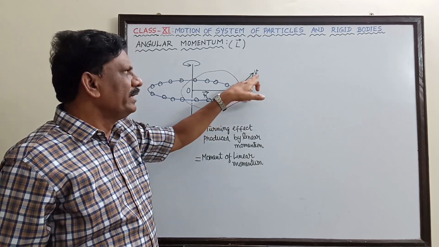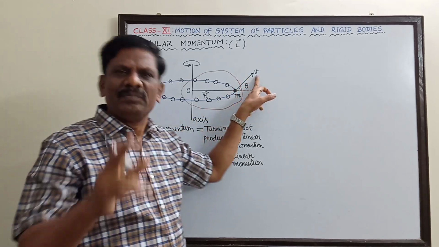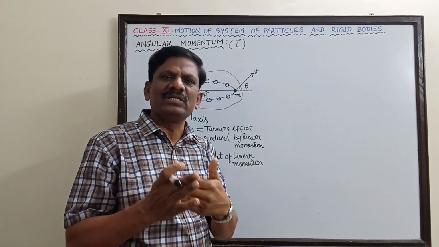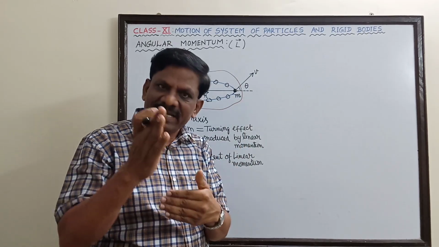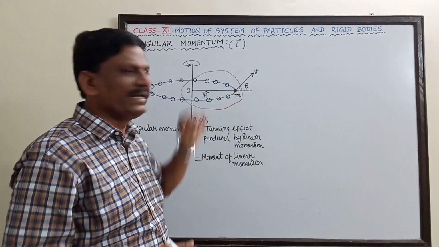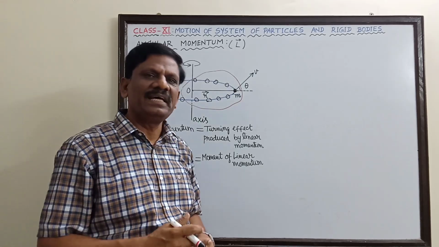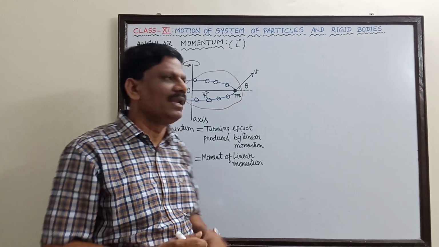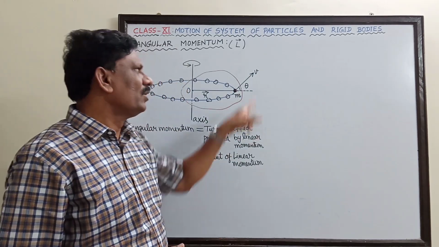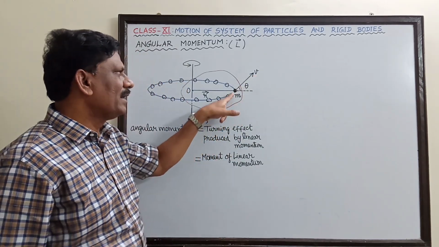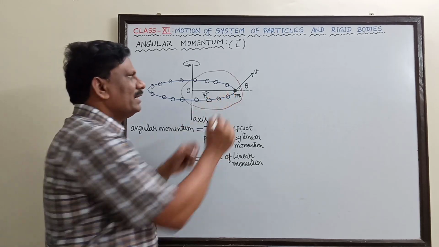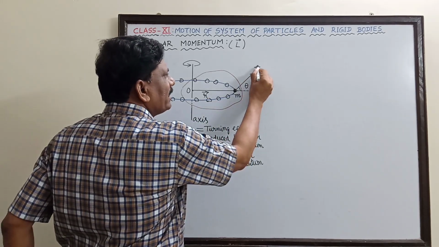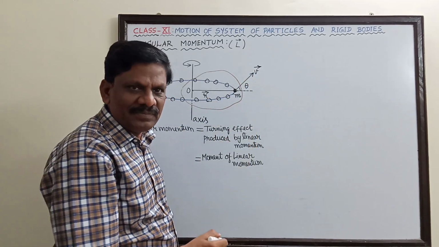Now first let us take the linear velocity of the particle. The linear velocity of the particle has a direction which is given by the tangent drawn at this point. So how will you find the direction of the linear velocity in circular motion? By drawing a tangent to the circle at the point. Now I have drawn a tangent at this point mass, and this tangent gives the direction of the linear velocity.